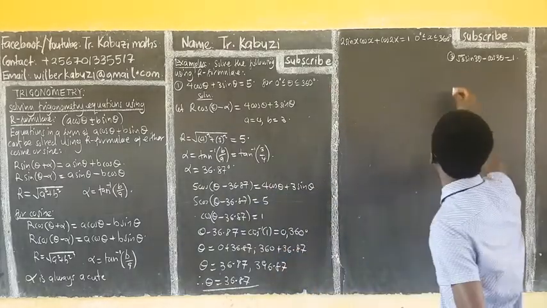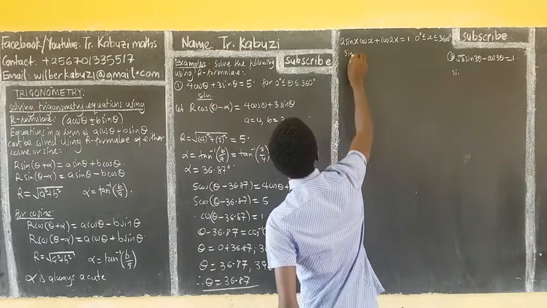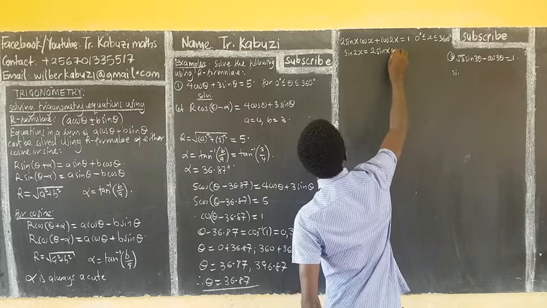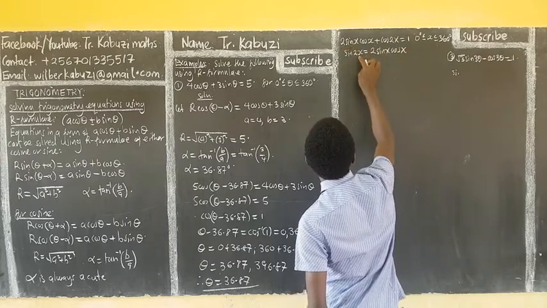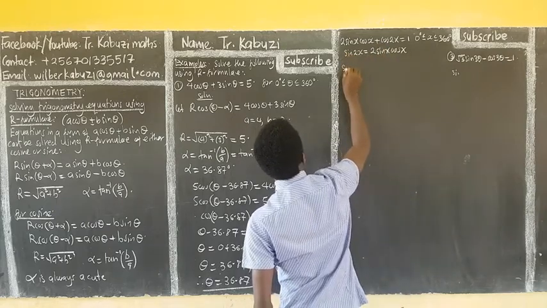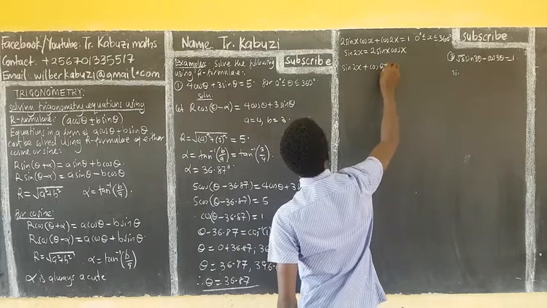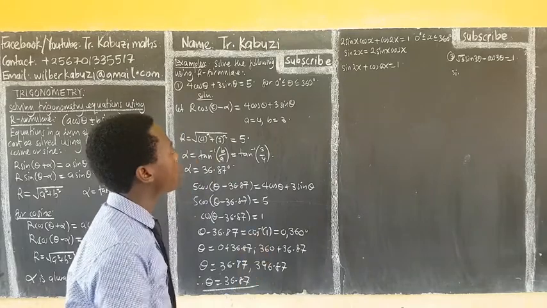You know that sine 2x is always equal to 2 sine x cos x. So now this angle is the same as this. So from here, I'm going to have sine 2x plus cos 2x equaling 1. As simple as that, I have everything now.